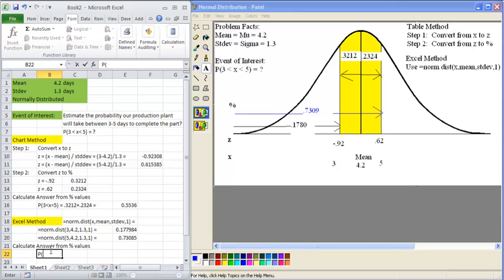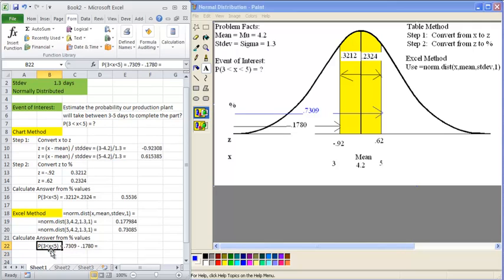So the probability that we're going to be between 3 and 5 is essentially 0.7309 minus 0.1780. And when we do that, we're going to get 55.3%.